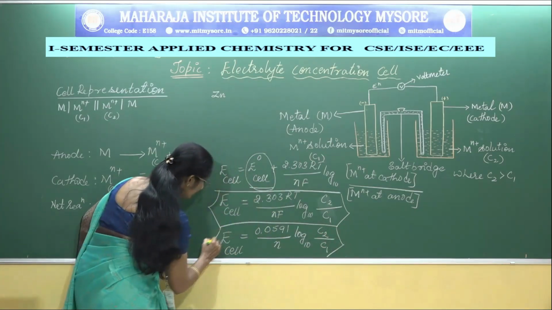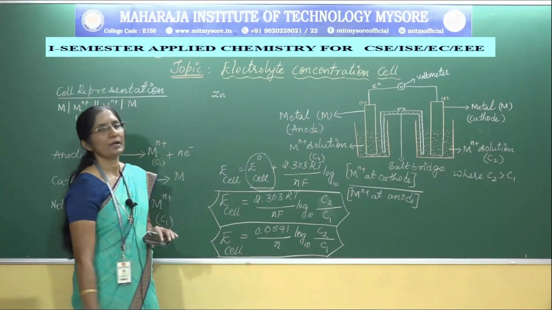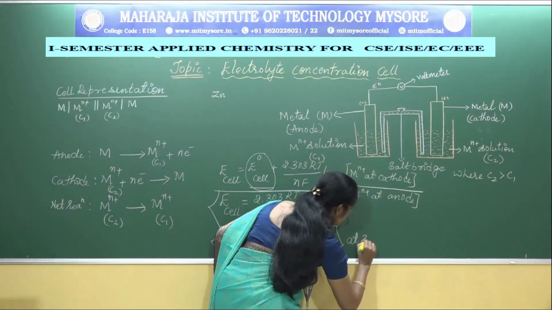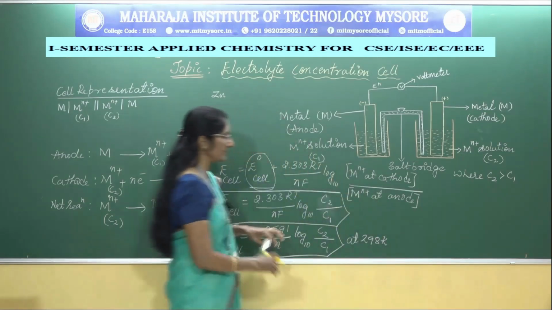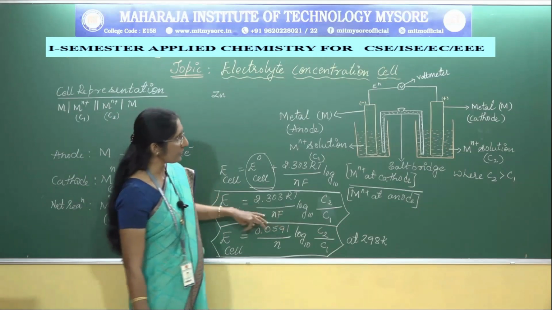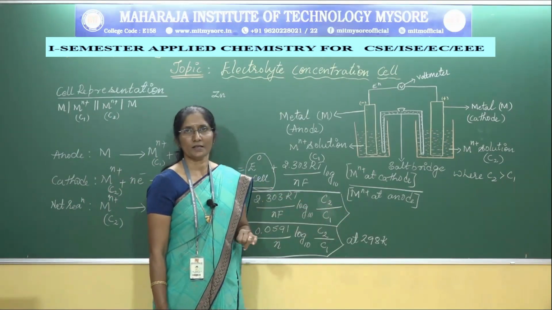This is the general equation to calculate the EMF of an electrolyte concentration cell at 298 Kelvin.